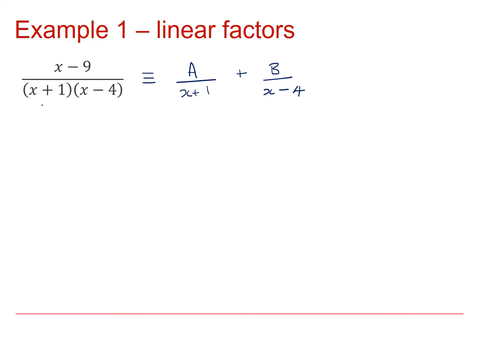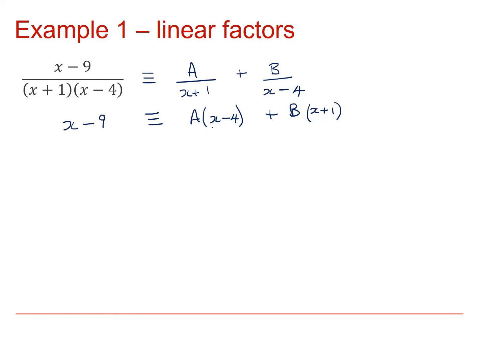So multiplying through by this common denominator, I'm going to get that x minus 9 must be a lots of x minus 4 plus b lots of x plus 1. Now again, this is an identity, so every value of x must work.